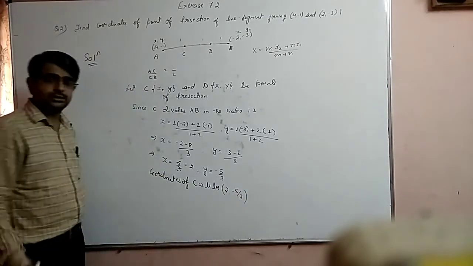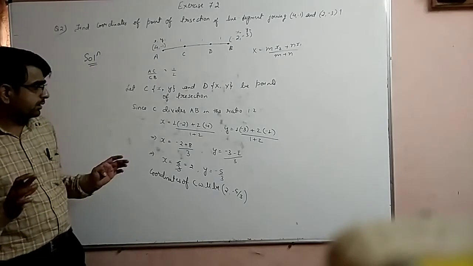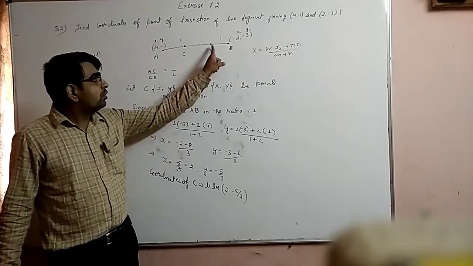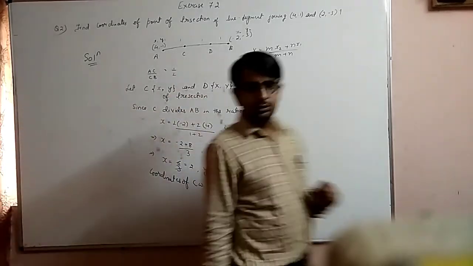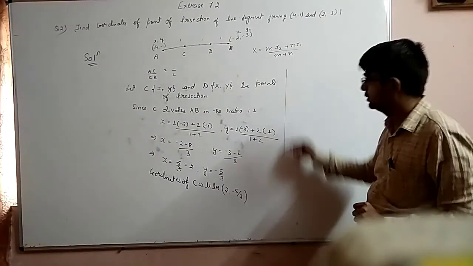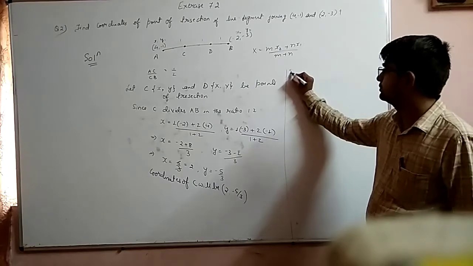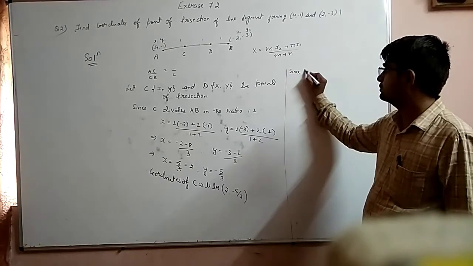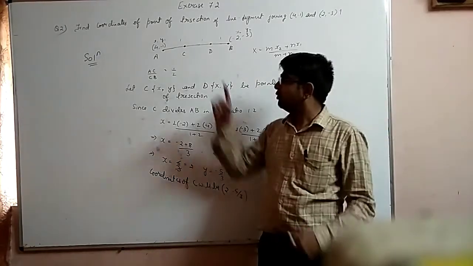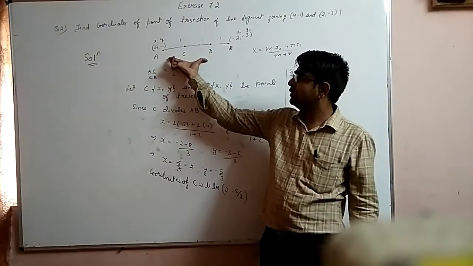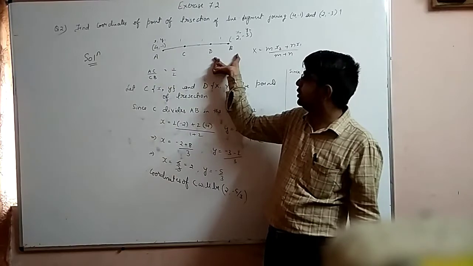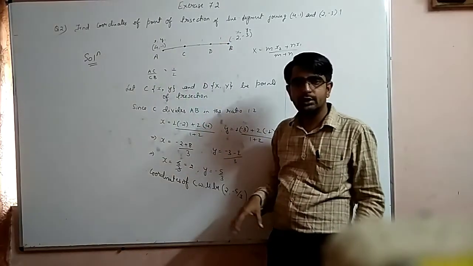Now the question has not been completed. We also have to find the coordinates of D. So what will we do? Now see, when we talk about D, this ratio AD will be 2 and that of DB will be 1.